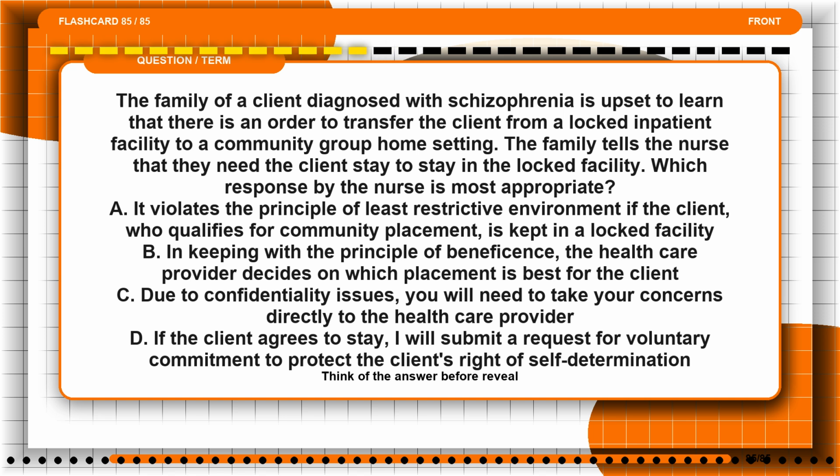B. In keeping with the principle of beneficence, the healthcare provider decides on which placement is best for the client. C. Due to confidentiality issues, you will need to take your concerns directly to the healthcare provider. D. If the client agrees to stay, I will submit a request for voluntary commitment to protect the client's right of self-determination. Think of the answer before the reveal.